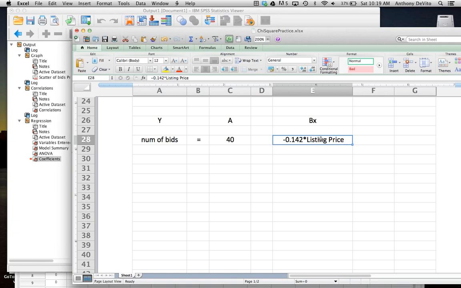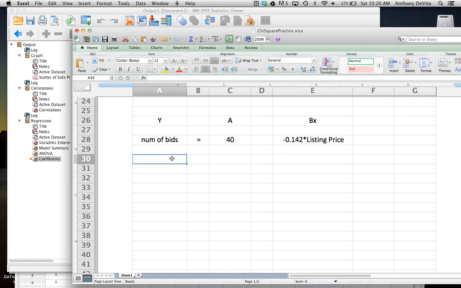If I go up $10 in the listing price, 10 times negative 0.14 is going to be negative 1.4. So it's going to be 40 minus 1.4. I'm going down 1.4 bids. If I increase the listing price by $100, I would expect it to reduce the number of bids by 14 bids, and so on and so forth. So this is going to describe our relationship.